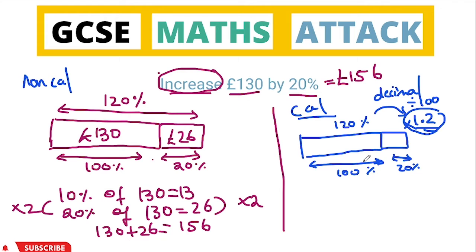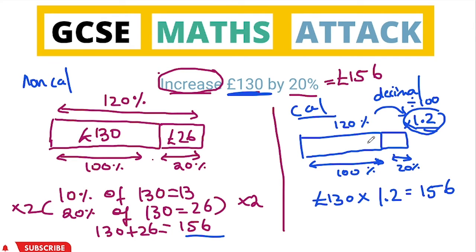So what does this mean for me? All I'm going to do is get my original amount, which is 130, and multiply it by my multiplier, 1.2. If I put that in my calculator, I should get 156. I don't necessarily have to draw a bar.